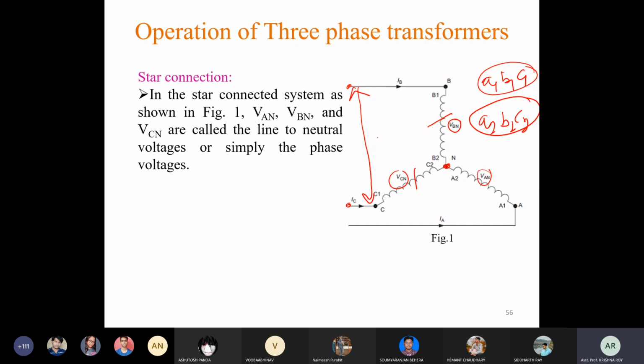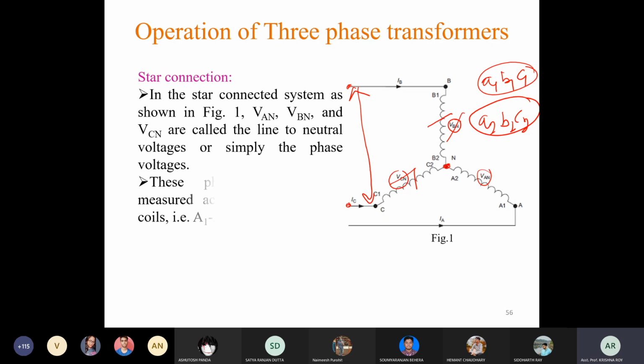Is it the algebraic sum of these two? No, sir, phasor sum. Yes, phasor sum, and we know that this is actually root 3 times this phase voltage. We have learned these things in basic electrical course. So the relation between phase voltage and line voltage is that VL equals root 3 V phase.